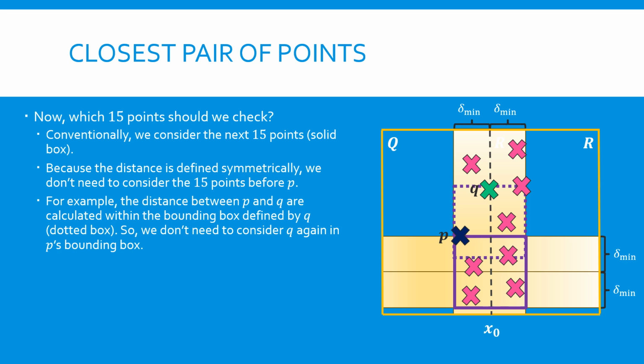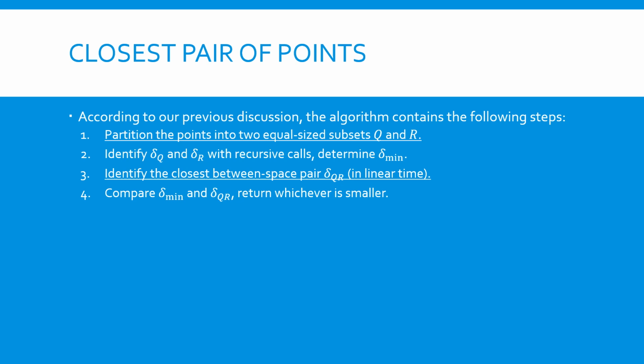The distance between P and Q should have already been calculated when we consider the search space defined by Q, which is represented by the dotted purple box shown in the figure. Therefore, when we consider the search space defined by P, represented by the purple solid box, we do not need to consider Q again. Now, we have discussed the general idea of the algorithm.